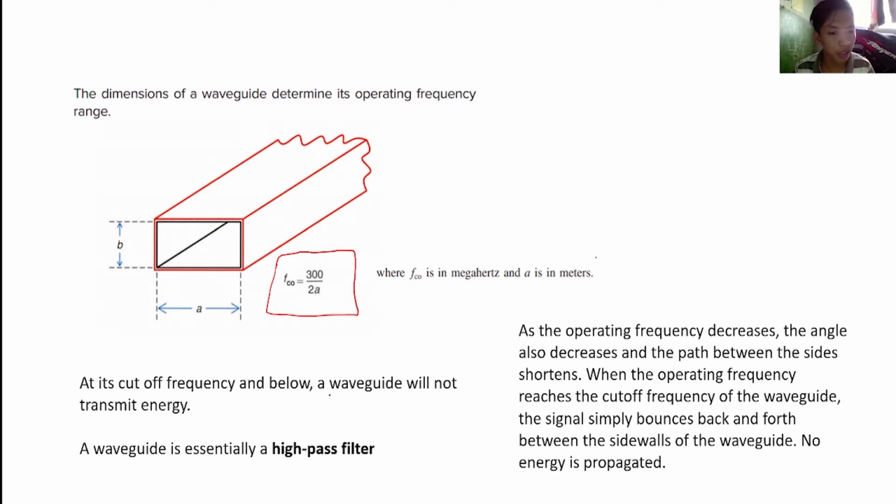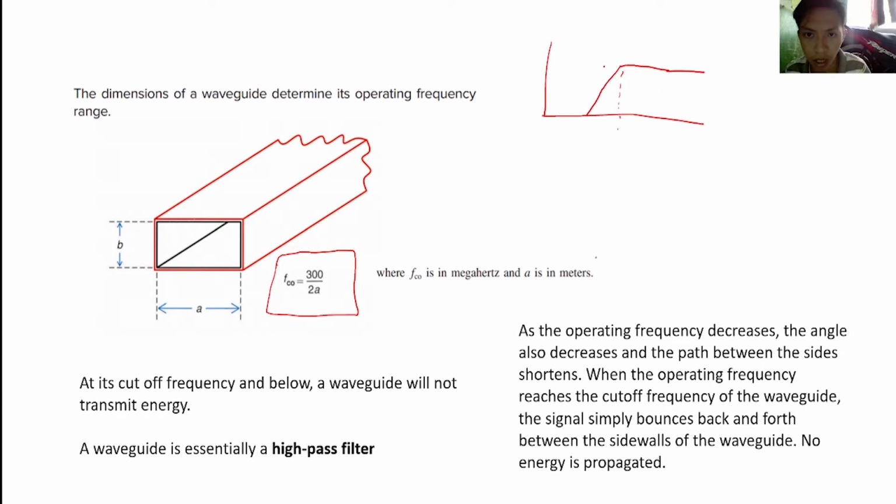At its cutoff frequency and below, a waveguide will not transmit energy. A waveguide is essentially a high-pass filter. To visualize the frequency response, assuming this is the graph, above the cutoff frequency the energy is able to transmit.